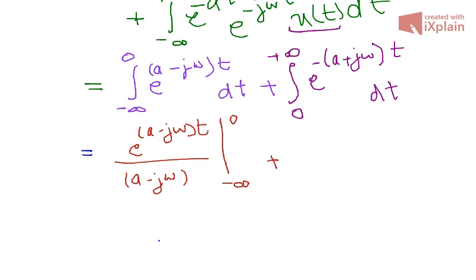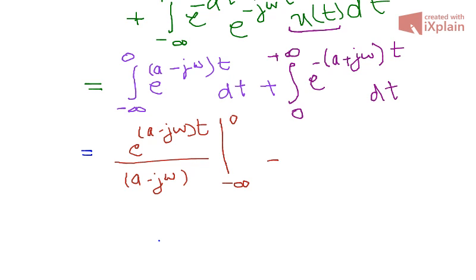we can say it is actually equal to 1 over minus a plus, no, not minus a, the negative sign is outside, so let me write it correctly.